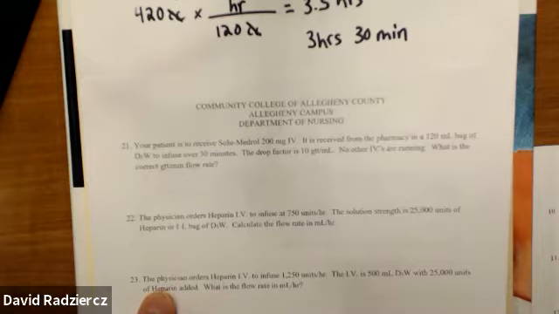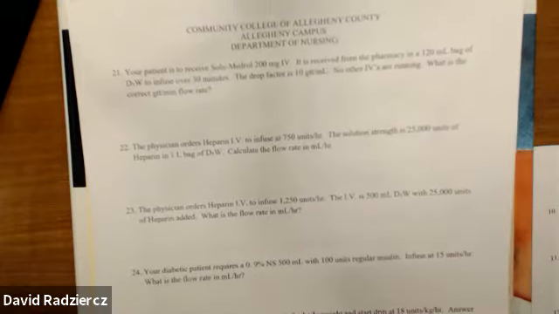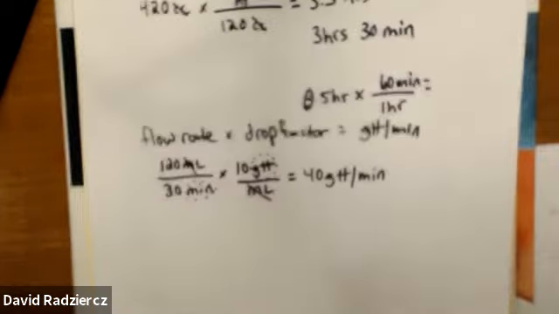22 is kind of a workup question to help you out with the heparin protocol. It says heparin IV to infuse at 1,250 units per hour. The IV is 500 milliliters D5W with 25,000 units of heparin. What is it, the milliliters per hour? So let's do that one too.